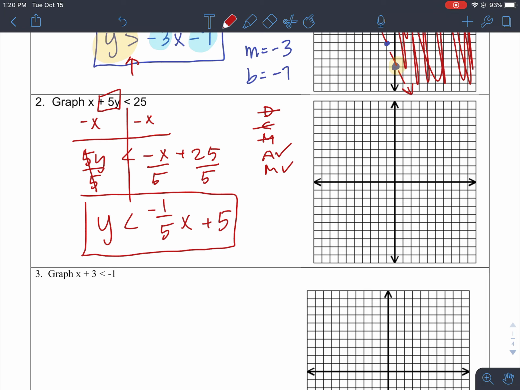Now that I've solved, I know that my slope is going to be negative 1/5, and my b, so my y-intercept, is going to be 5. The first thing I'm doing is plotting my y-intercept, and then I'm going to use my slope to finish graphing. So a slope of negative 1/5, down 1, back 5.